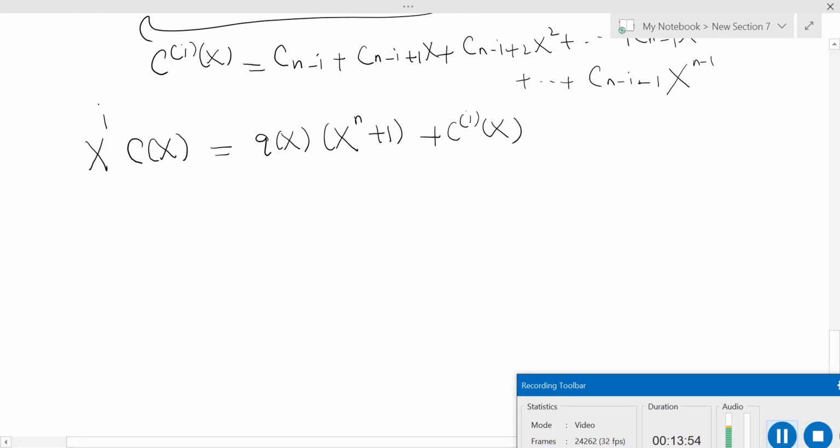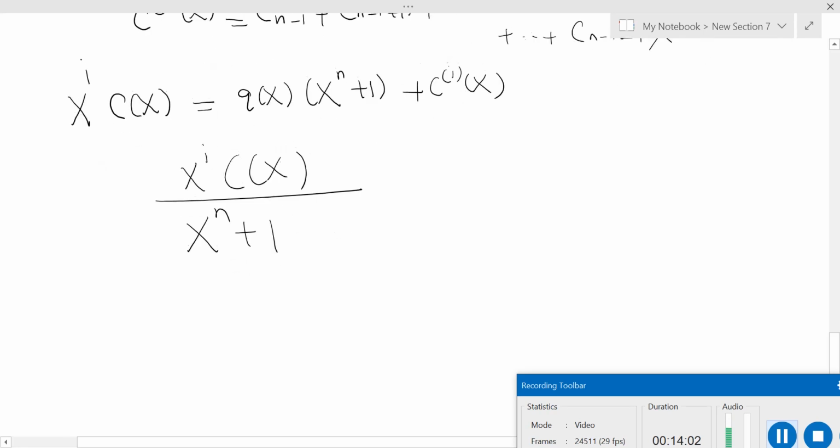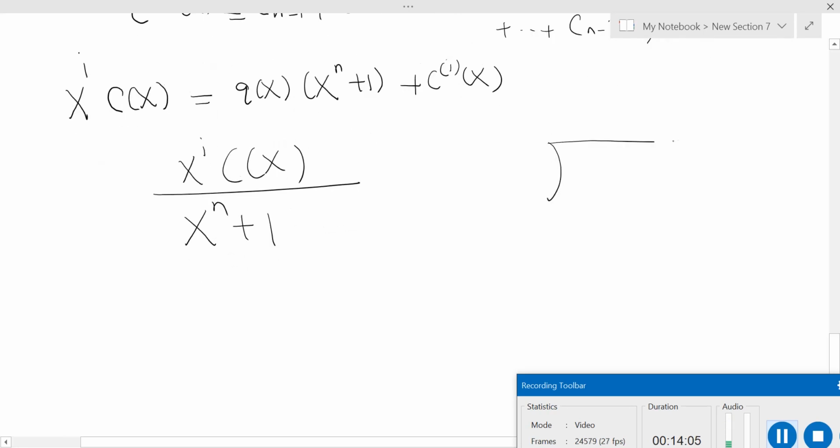If you divide x to the power i c of x by x to the power n plus 1, what will be the remainder? That remainder will be ci of x.